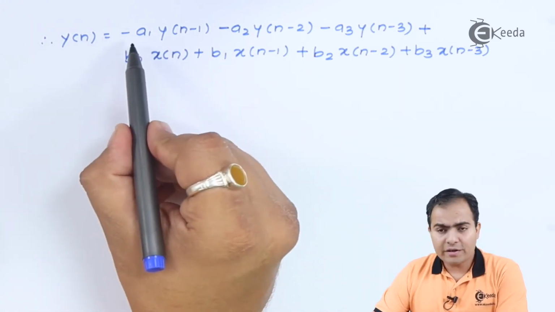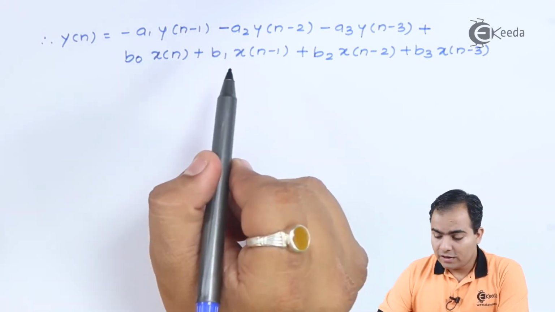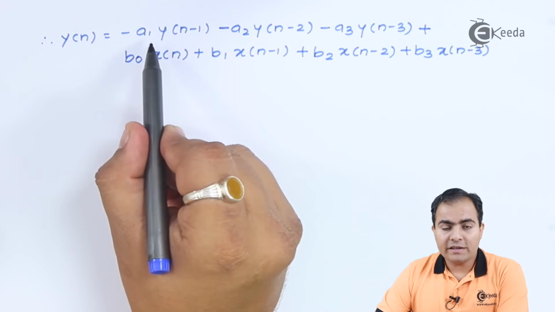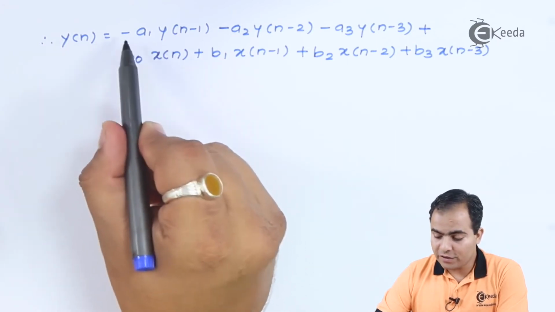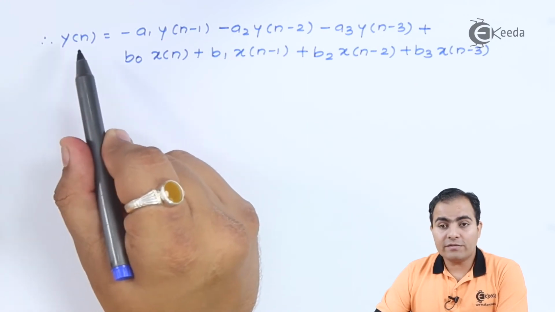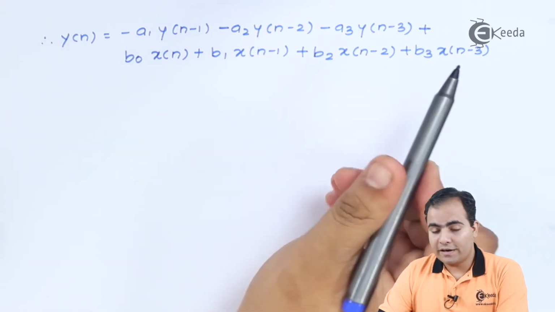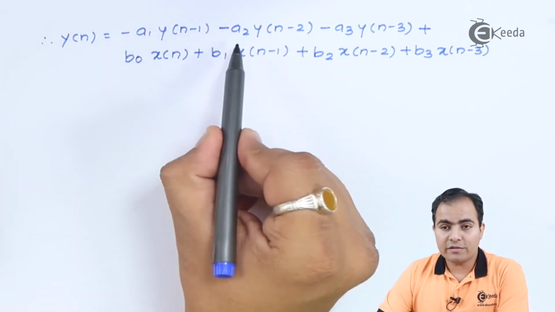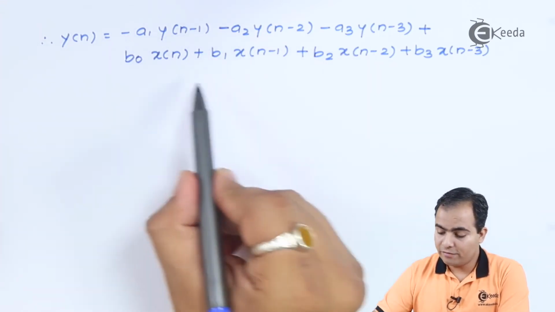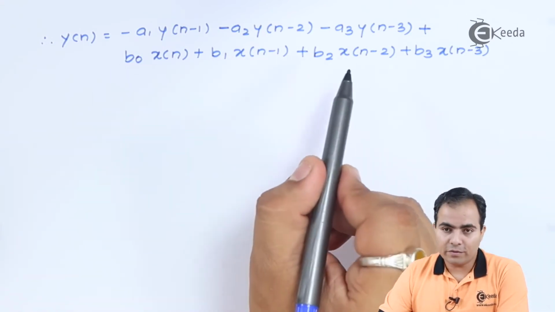Now why have I shifted this whole equation to the right hand side? Because of the structure. In the structure, all the a's carry a negative sign just because of this equation. As we want only the answer of y of n, that's why we have shifted all delayed values on the right hand side, and all the constants have right now a negative sign, whereas in terms of x of n, all the b values are having a positive sign.